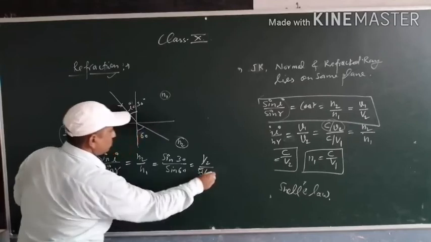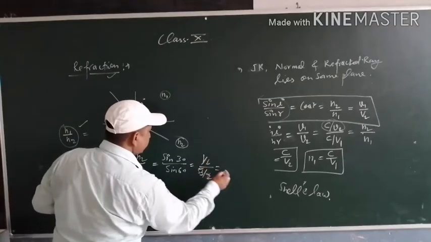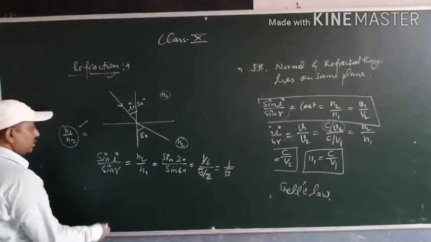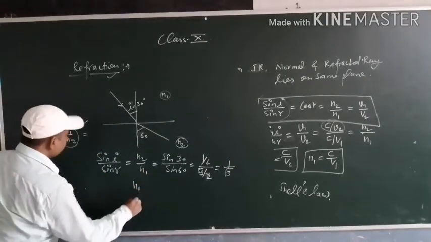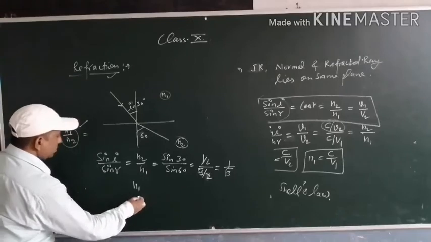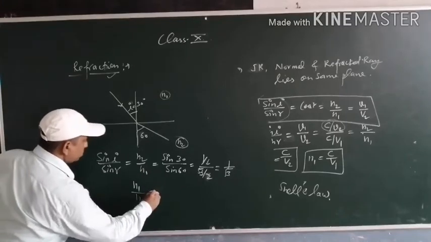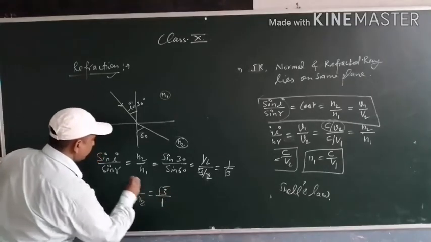The 2 and 2 cancel each other, giving 1 by root 3. So from here we see that N1 by N2 is equal to root 3 by 1.